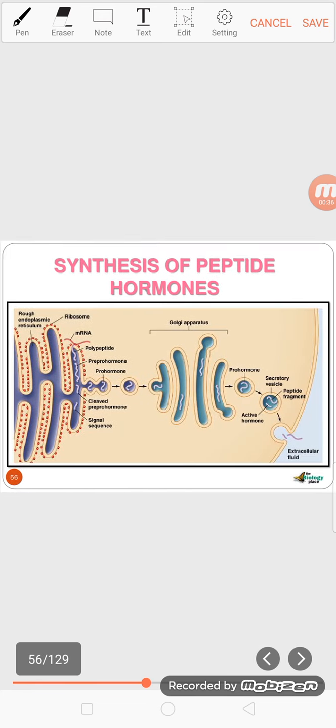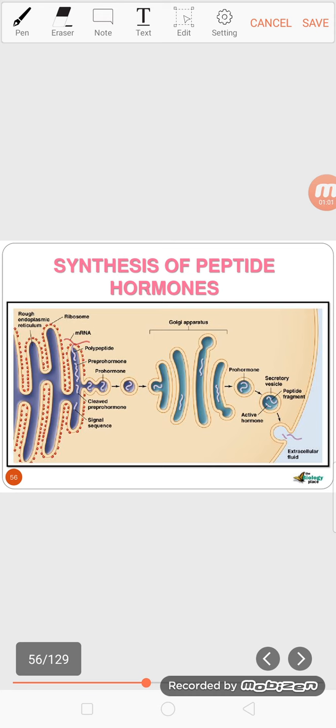Alright, so we go to peptide hormones. This slide is about the synthesis of peptide hormones. The macromolecules are amino acids, right? The amino acids will be packaged by ribosomal RNA and mRNA.